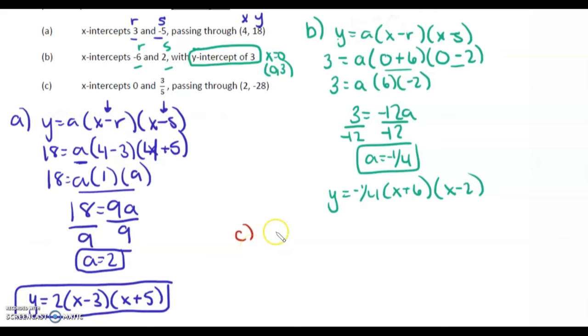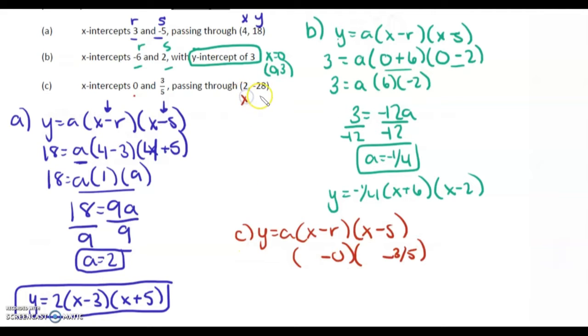All right, so C, again, I'm going to start with the exact same formula, the factored form. And we have x-intercepts of 0 and 3/5. So we're going to go x minus 0, x minus 3/5. And then we're going to put in the point (x, y). So the x is 2 and the y is -28. Okay, so -28 equals a times 2 times, what is 2 minus 3/5? 7/5.